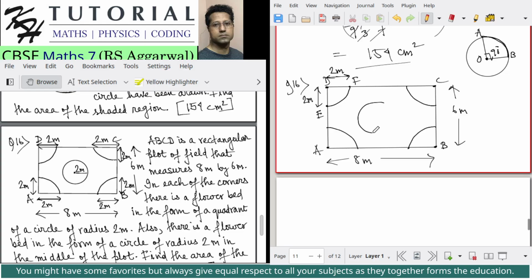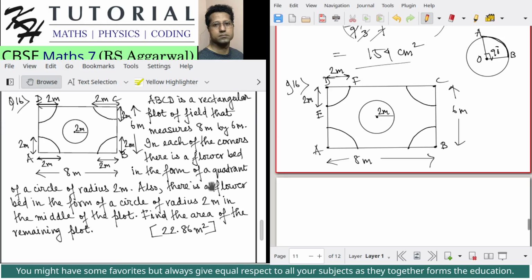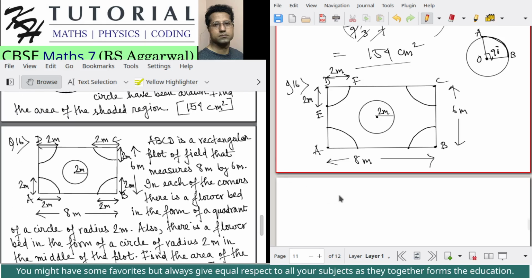Find the area of the remaining plot. So we have to find the area of the remaining plot, meaning this area. I am trying to shade the region whose area we have to find.